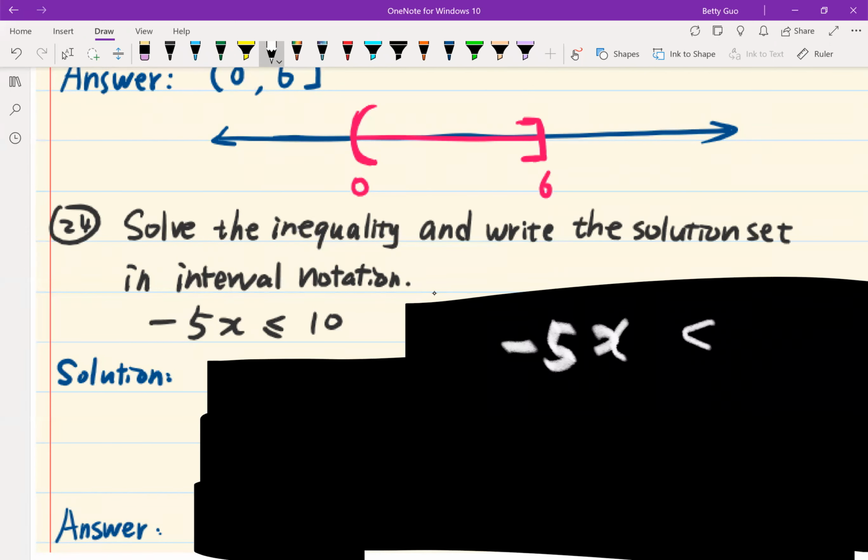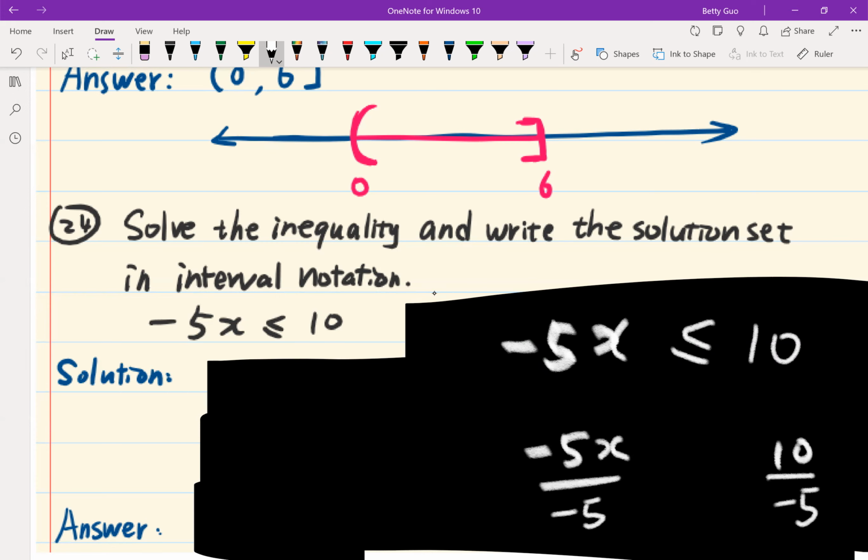-5x is less than or equal to 10. How do we isolate the x on the left? How do we divide by -5? Divide the left-hand side by -5, divide the right-hand side by -5. Do we need to do something? Yes, switch the direction of the inequality symbol, right?